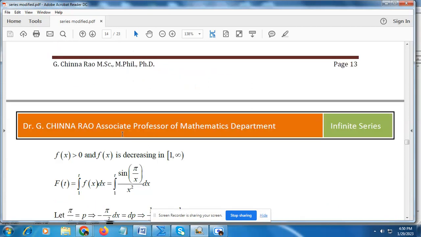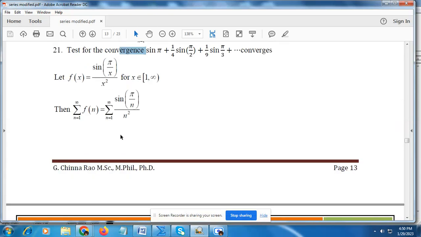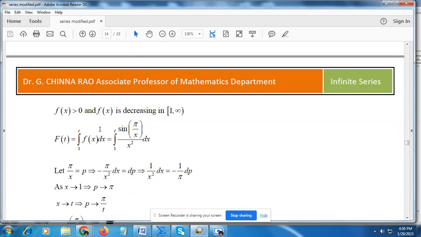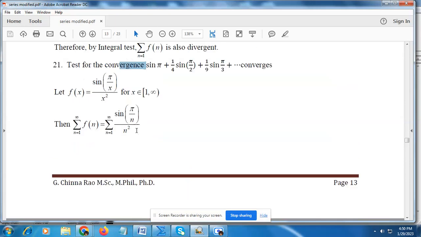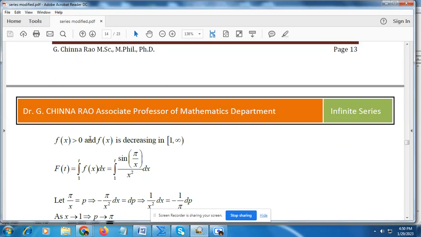Now consider the improper integral. Before that, you have to check whether it is decreasing or not, because as per the definition, n equal to 1, n equal to 2, and so on, the terms must be decreasing. Clearly f of x is greater than 0 and f of x is decreasing in [1, infinity).